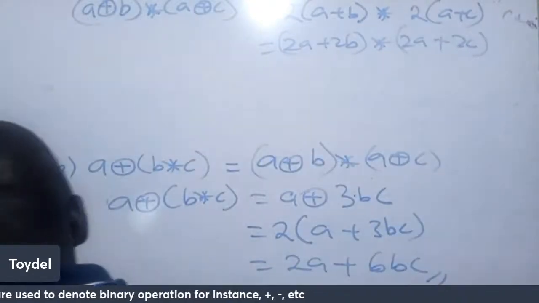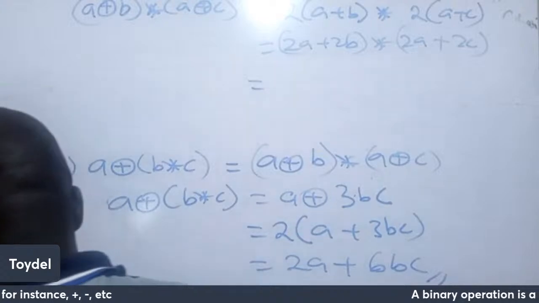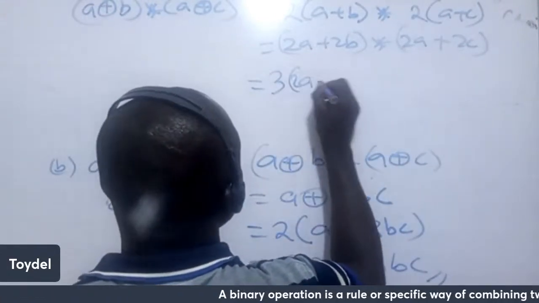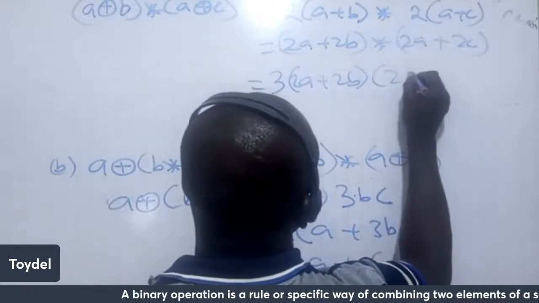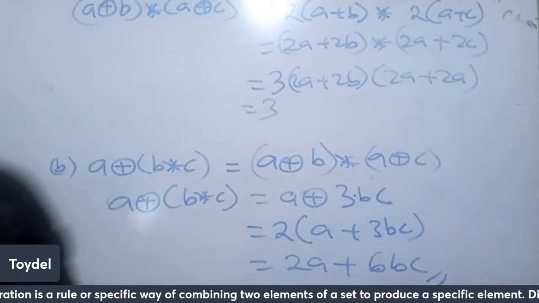That's what we are going to get. So then if you look, asterisk simply means 3 multiplied by the 2. So I'm going to have 3 into bracket 2A plus 2B times 2A plus 2C.